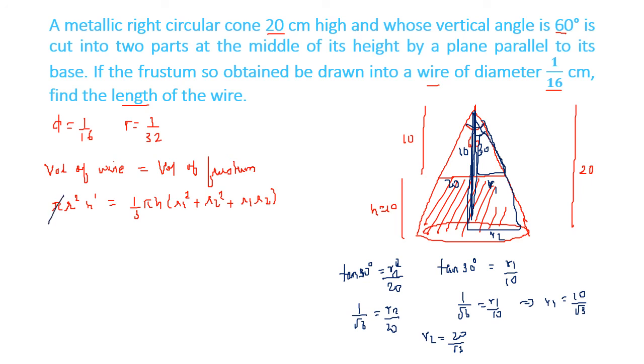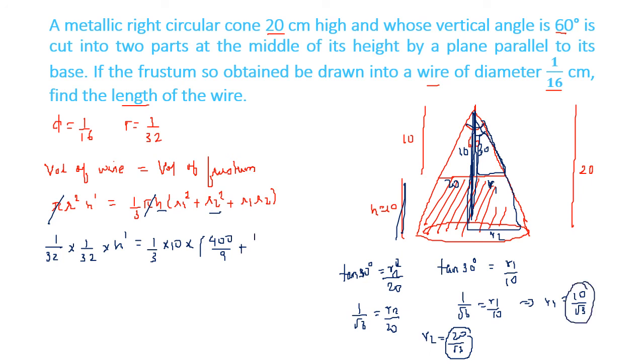Now let's put in the values, and the pi gets cut. r square means 1 upon 32 into 1 upon 32 into h prime equal to 1 by 3. h is 10, it is given the height of the frustum is 10. r2 is 20 by root 3, so the square will become 400 upon 3 plus r1 square, r1 is 10 by root 3, so it becomes 100 upon 3 plus r1 into r2.